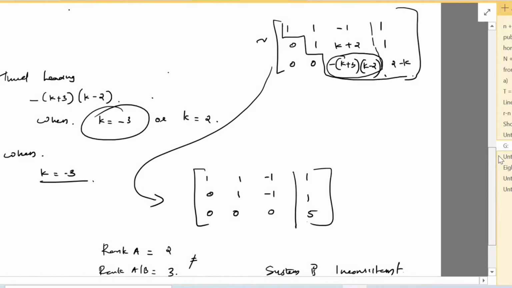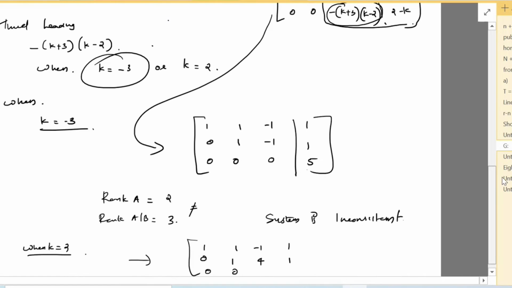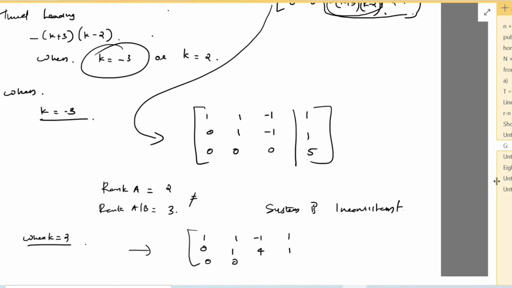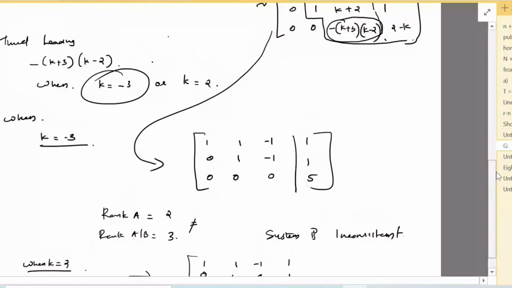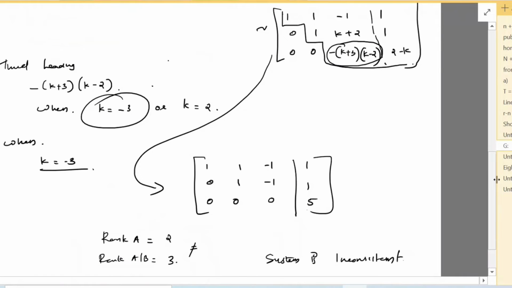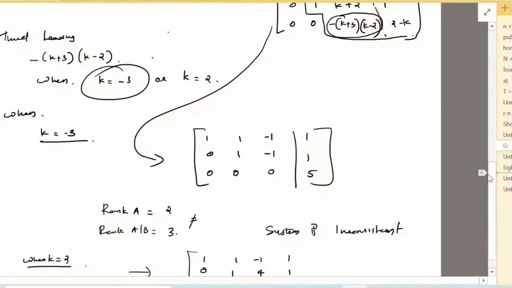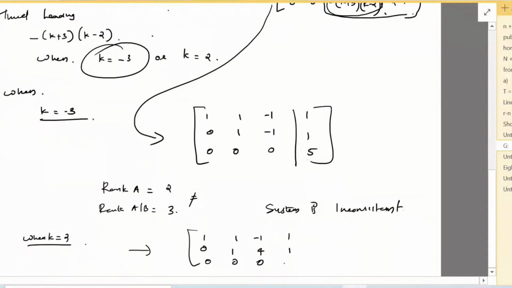What is the next element? That will be, what is that? K minus 3, k plus 3 into k minus 2, which will be 0. 0, and the fourth element, which will be 2 minus k. 2 minus k is 2 minus 2, which will be 0.